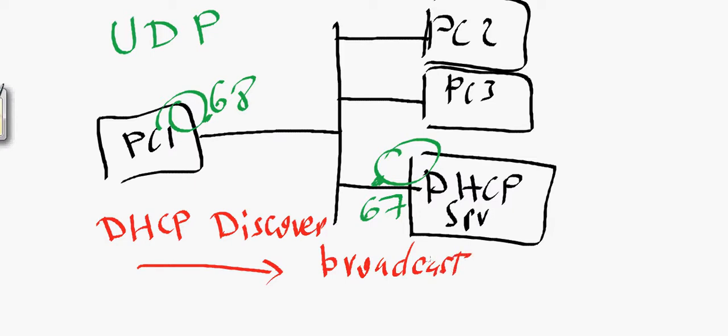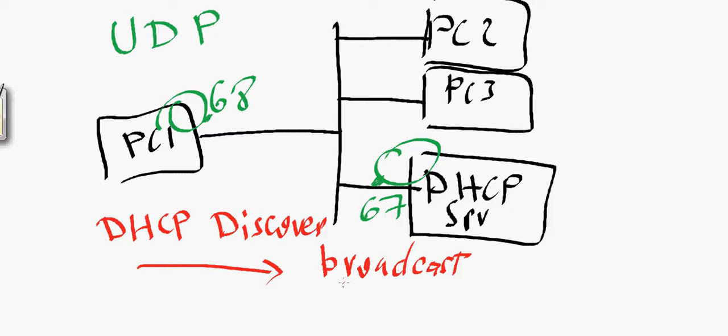Don't forget, at this level PC1 does not have any IP address yet, so it needs to find out, and it is configured to act as a DHCP client. So PC1 is going to try to find out if there is any DHCP server by sending a DHCP Discover packet, or message, and this message is broadcast to the whole network.